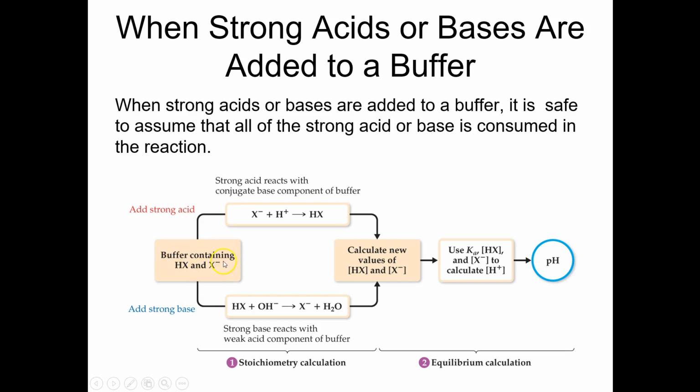We can plug that into the Henderson-Hasselbalch equation, and that'll tell us our initial pH. If we add strong acid or strong base, we can use an ICE table or an ICF table to figure out the new numbers of moles of HA and A minus. Once we know that, we can apply the Henderson-Hasselbalch equation to tell us the pH.